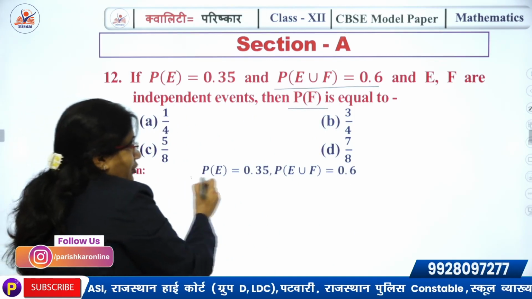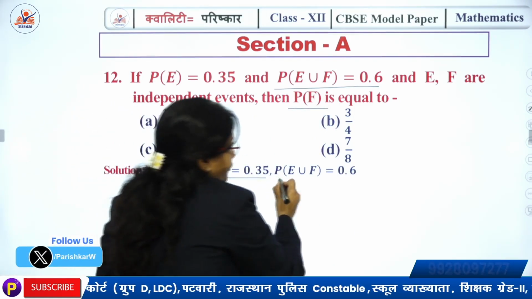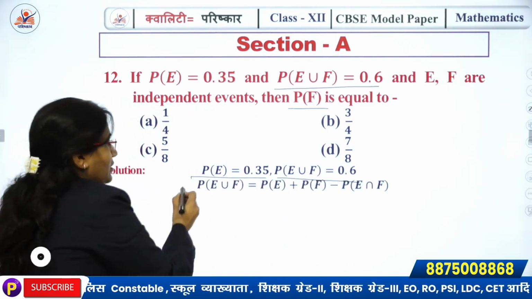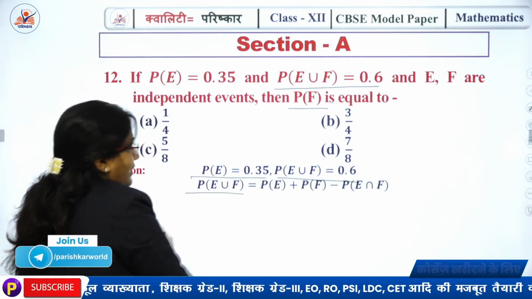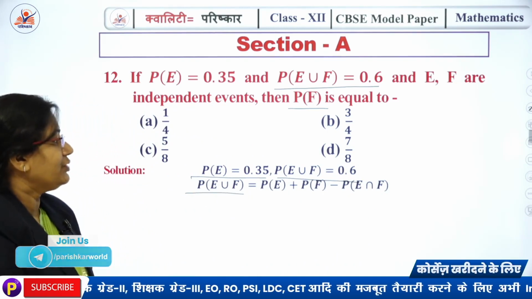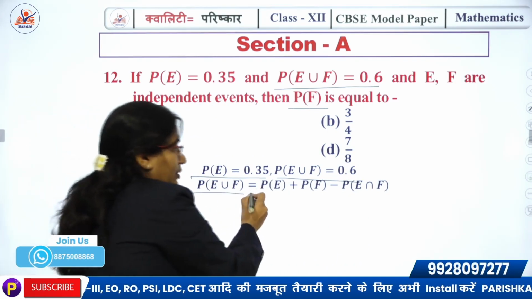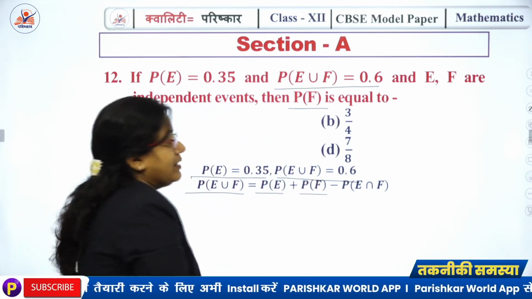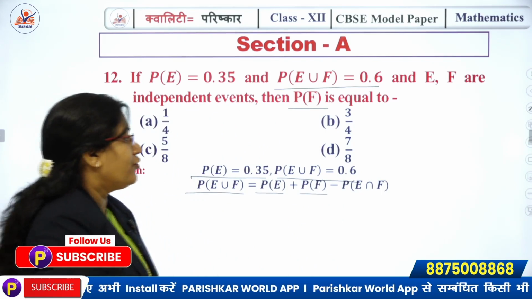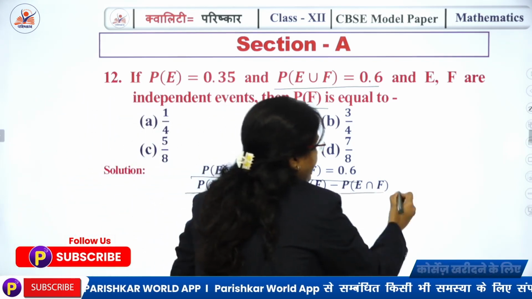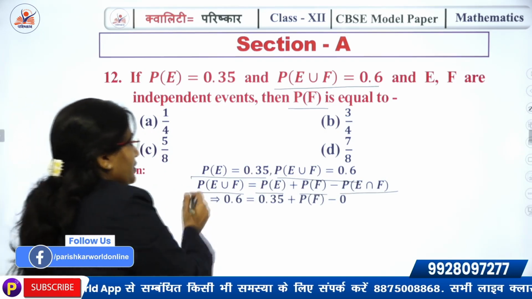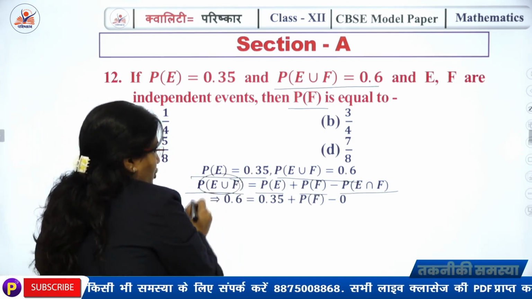Given that probability of E is 0.35, probability of E union F is 0.6. Now we have the formula that probability of E union F is equal to probability of first event plus probability of second event minus intersection of both the events, that means probability of E intersection F. Again we'll put the value of E union F, that means 0.6.